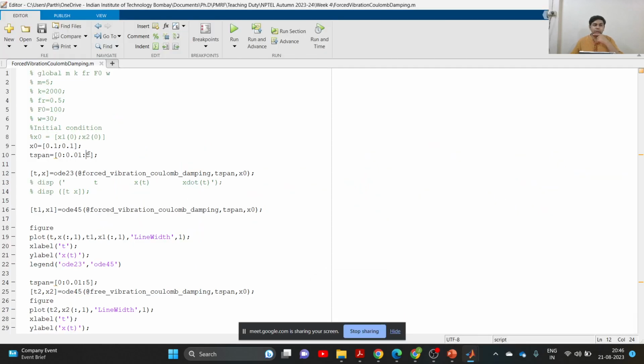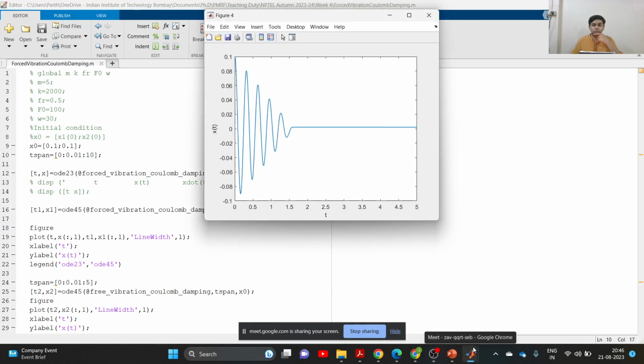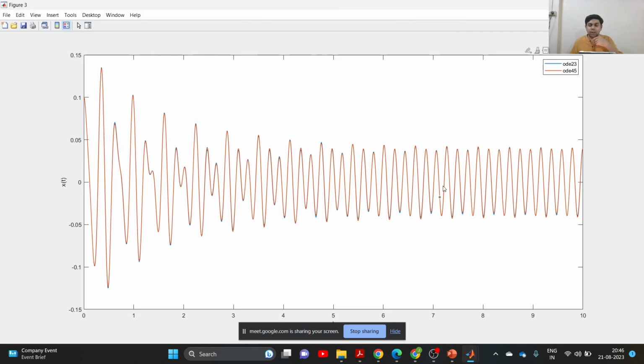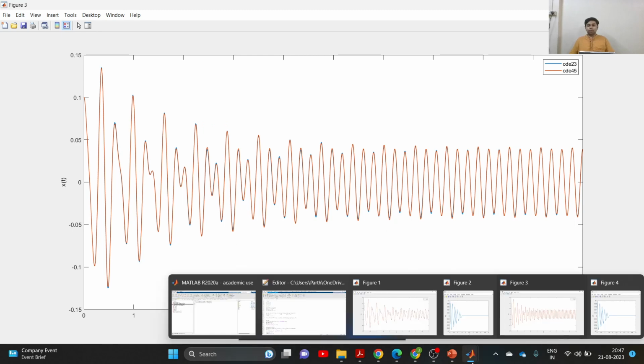If we increase the time span to, let us say, 10 seconds, and try to solve it again, we can see that the amplitude settles after about 5 or 6 seconds to some kind of a steady value. The initial transient response is because of the Coulomb damping.